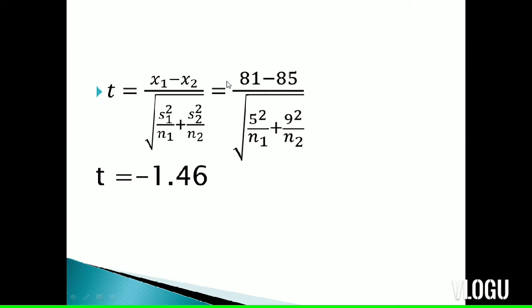So we will substitute 81 for x sub 1 and 85 for x sub 2, the mean of method B and the mean of method A.